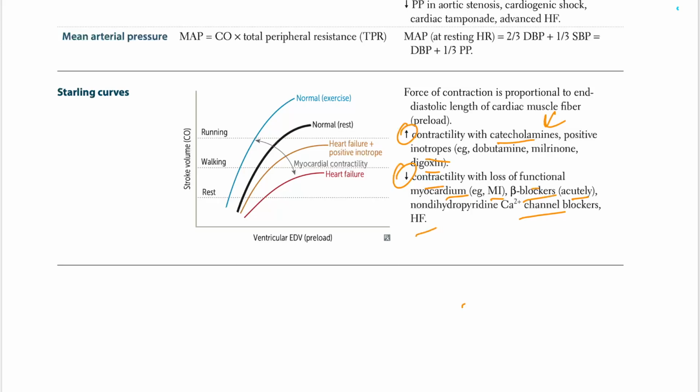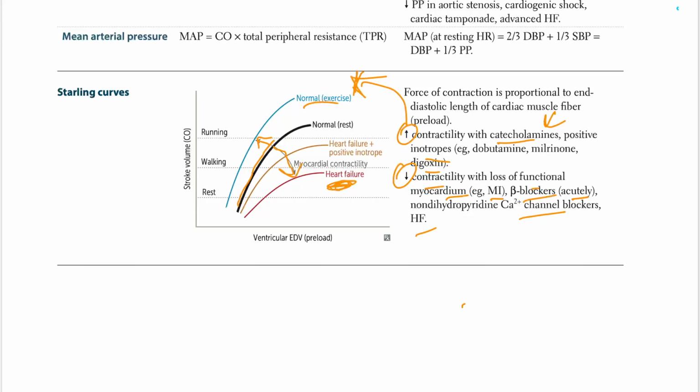For example, on the left side you have a pretty nice one. This is normal, and it shifts to the left with normal exercise, and all of these factors play in. All of these increase contractility, right? But it would go down if you have heart failure.